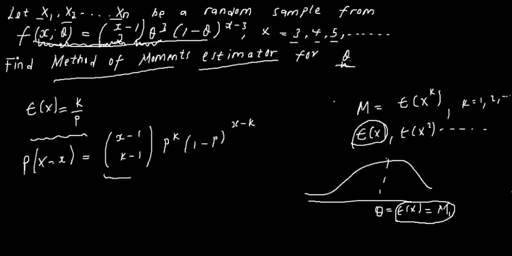Comparing this with the one we have up there, we can tell that p corresponds to theta, and k corresponds to 3.